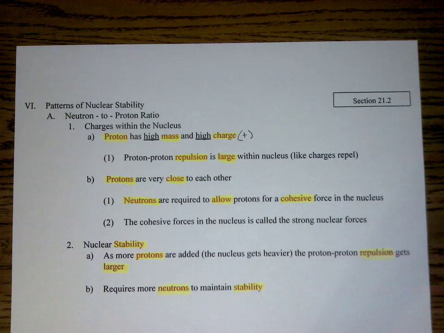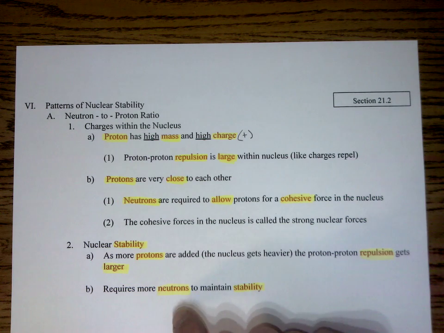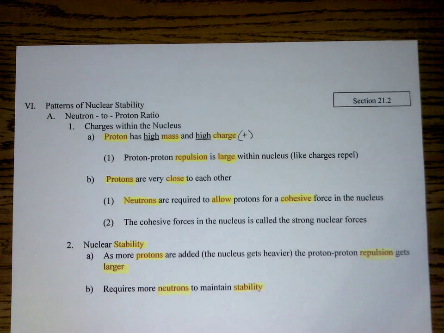So we get to this point where we have this nuclear stability. Again, as we add protons, the repulsion is going to get larger and larger. You need that buffer of those neutrons to allow more protons to be in that nucleus. That is going to allow stability.